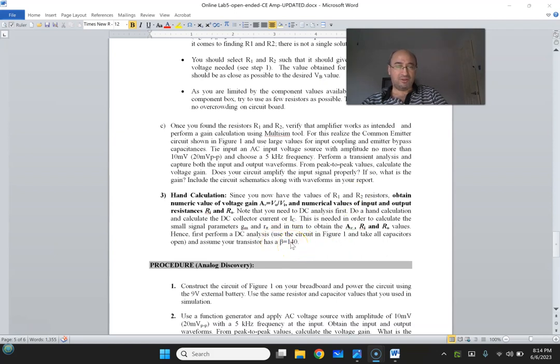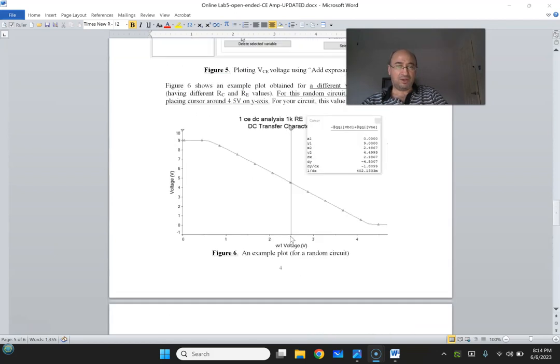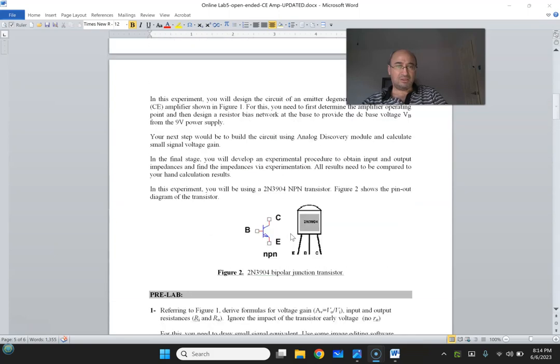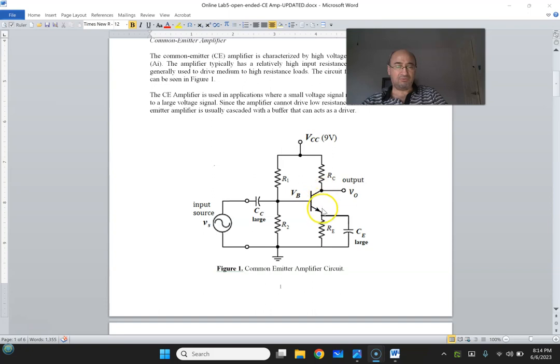You can easily figure out the value of IC, the collector current, because since we got the VC at 4.5 volts and the values of RC and RE known, you should be able to figure out the value of IC and then draw the small signal equivalent and figure out the voltage gain, input resistance, and output resistance.